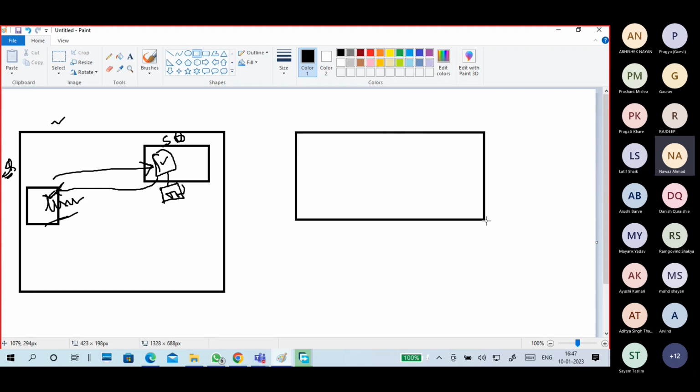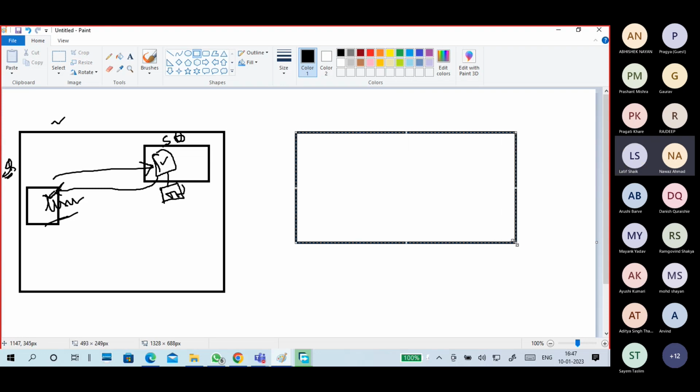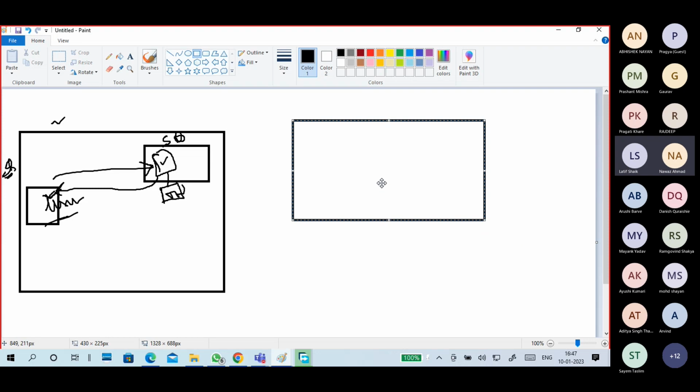Next, this is a service desk. Again, sorry, this is another organization. Our organization has agreed to provide certain services to this organization, maybe infrastructure related services, web development services, application related services, server management services, data center services, or cloud management services.